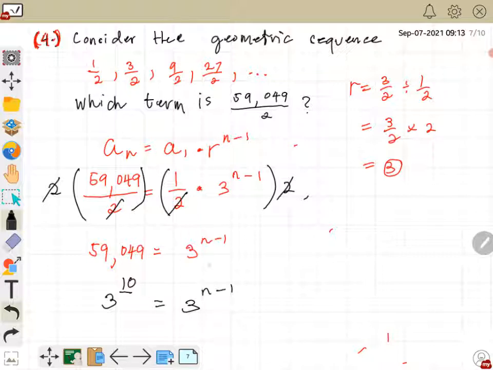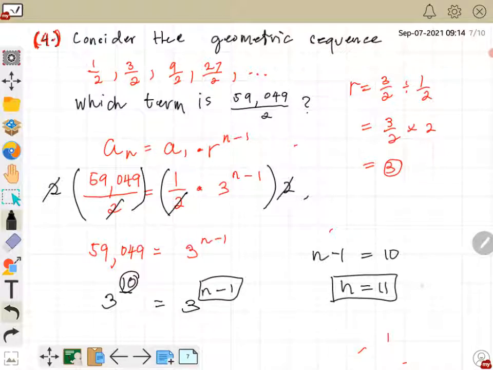So the same idea, if 3 raised to 10 is just the same as 3 raised to n minus 1, this must be equal. So we can say n minus 1 equals 10. That gives us n equals 11. That means that this term here is the 11th term.